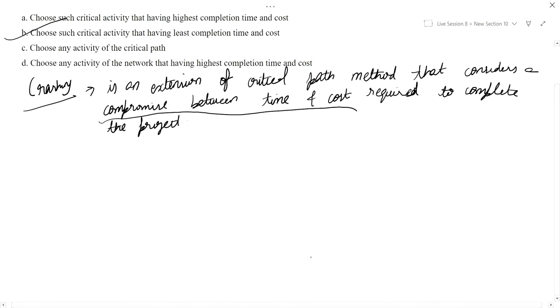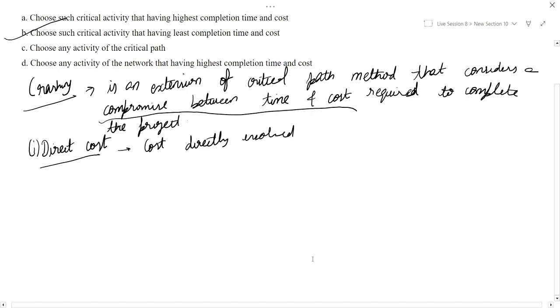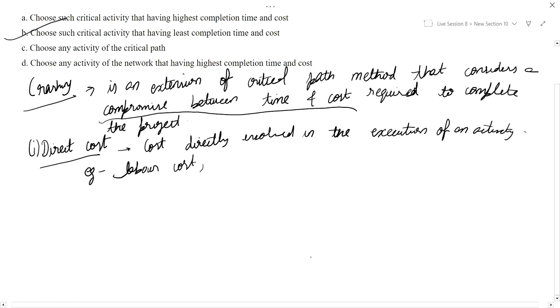Now, in crashing we have direct cost, that is cost directly involved in the execution of an activity. Examples are labor cost, direct material cost, cost of machines.